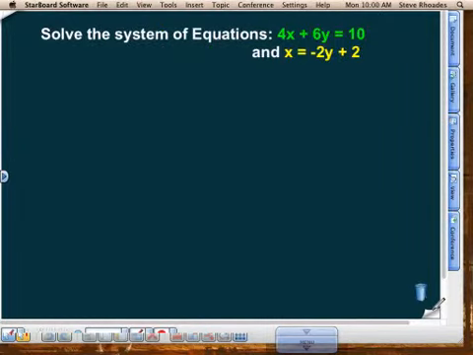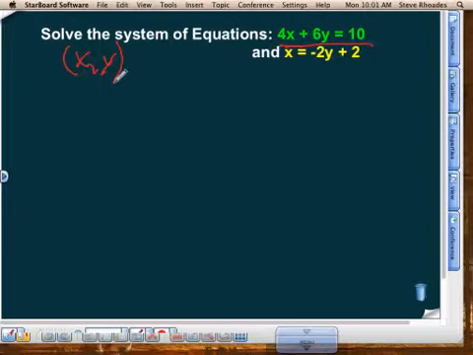Here's an example. We want to solve the system of equations where you have two equations: 4x plus 6y equals 10, and x equals negative 2y plus 2. The answer is always going to be something like x comma y.